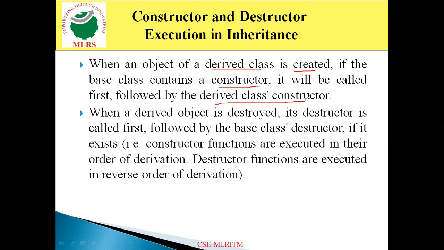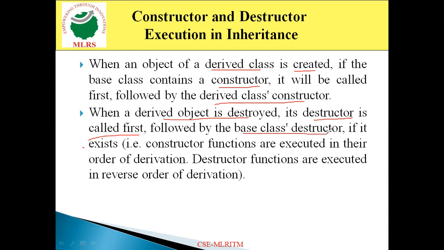Take the next case. When the object is destroyed, generally we create the object of the derived class only. So when the object is destroyed, first of all the destructor of the derived class will be called. After the destructor of the derived class, the base class destructor will be called.